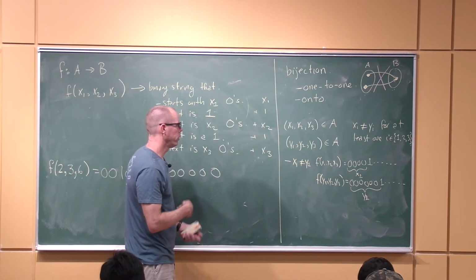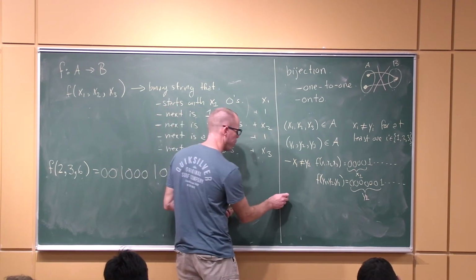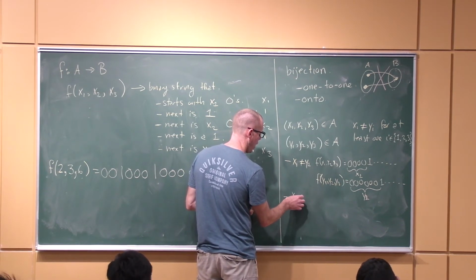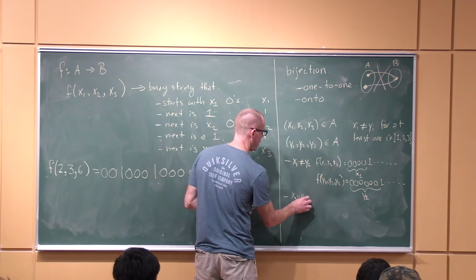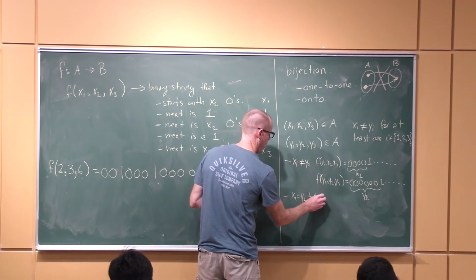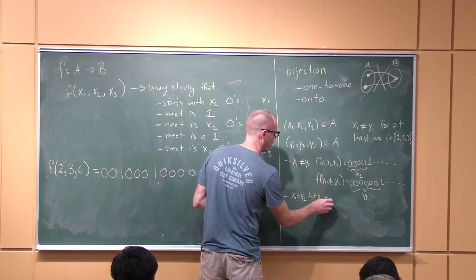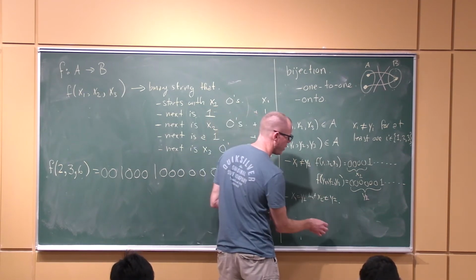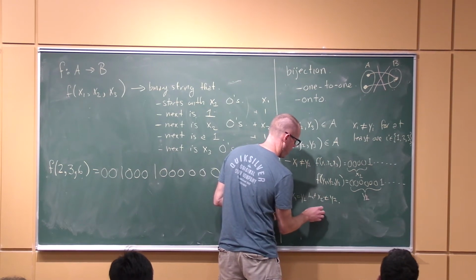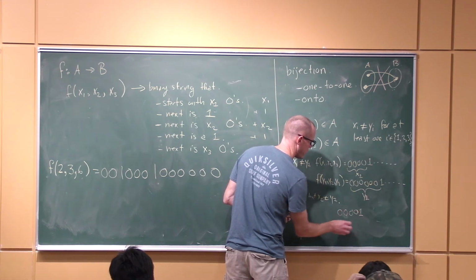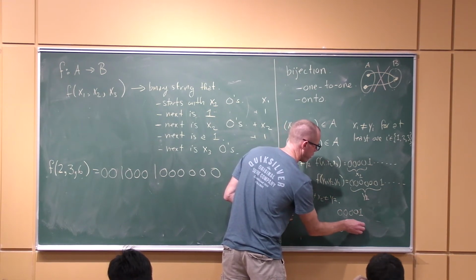And if you want to, keep going, you can say, well, what if x1 is equal to y1? So case 2, x1 equals y1, but x2 is not equal to y2. Then if you draw the same picture again, you'll see that the x string looks like this, the y string looks like this.